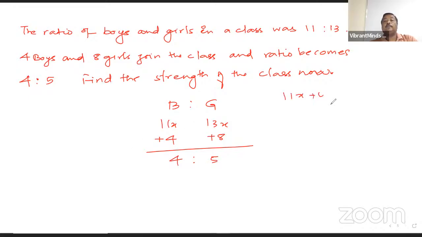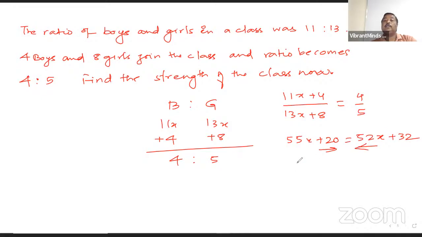So (11x plus 4) over (13x plus 8) is equal to 4/5. Cross multiply. So 55x plus 20 is equal to 52x plus 32. Let's get 20 over there and 52x over here. So 3x is equal to 12. The value of x is 4.